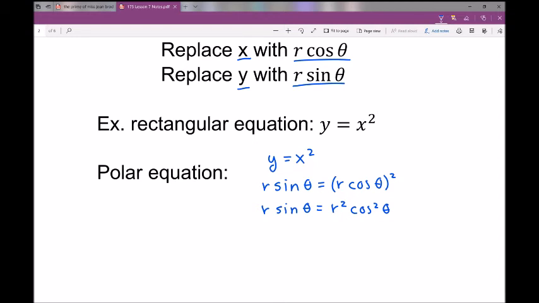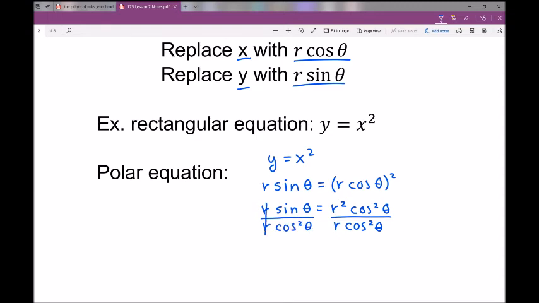I notice that I have an r on both sides, so I'm going to divide by r on both sides, and I'm going to divide by a cosine squared. That will move the cosine squared over with the sine, and it will move the r away from the sine over with the r squared.